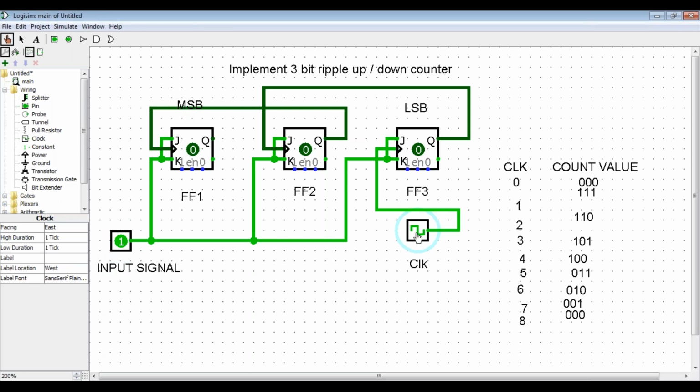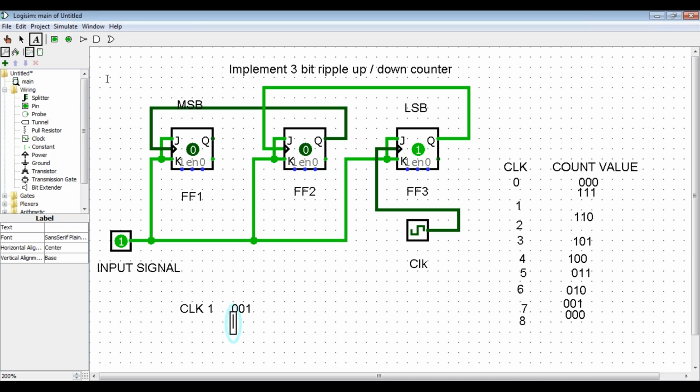During my first clock, in the up counter, what I will get is 0 0 1. This is the reverse process of the down counter. So during my first clock pulse I get 0 0 1, isn't it?